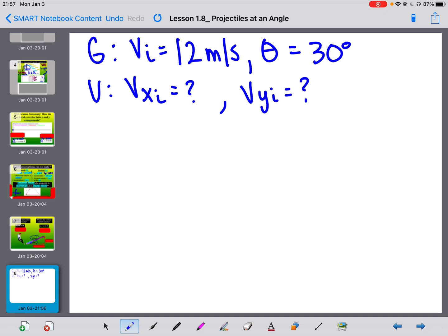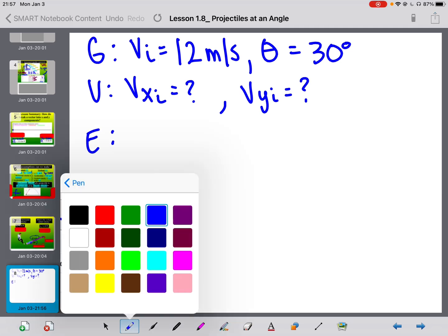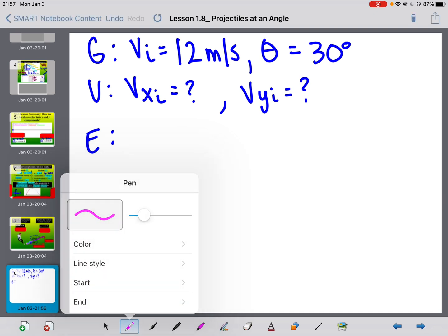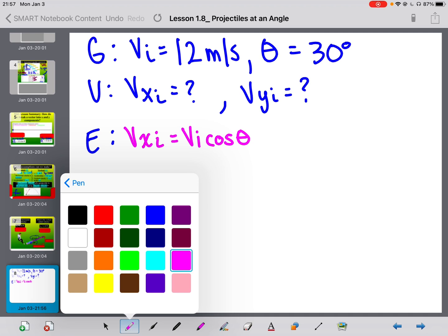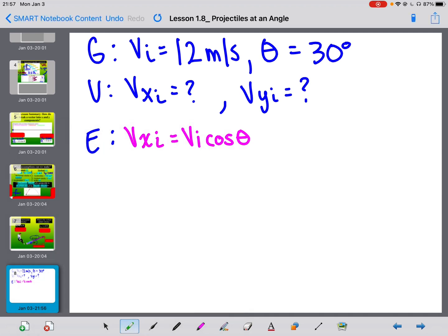Just like before, I spoke about the appropriate equations that you should be using. Here I will use pink to represent the Vxi formula: Vxi equals Vi cosine theta. And I will use this green color for the vertical velocity: Vyi equals Vi sine theta.